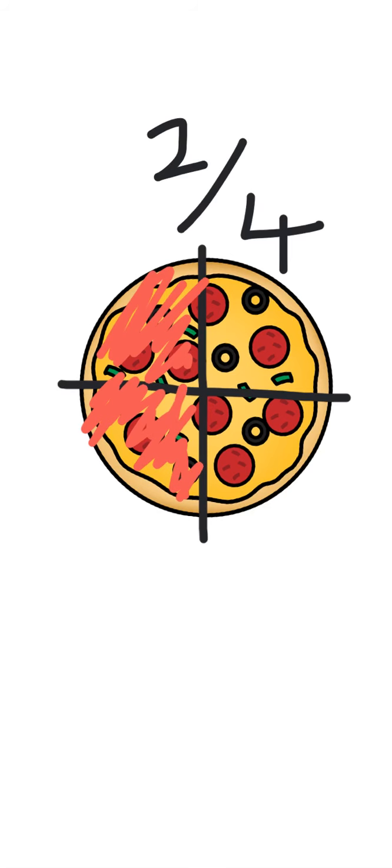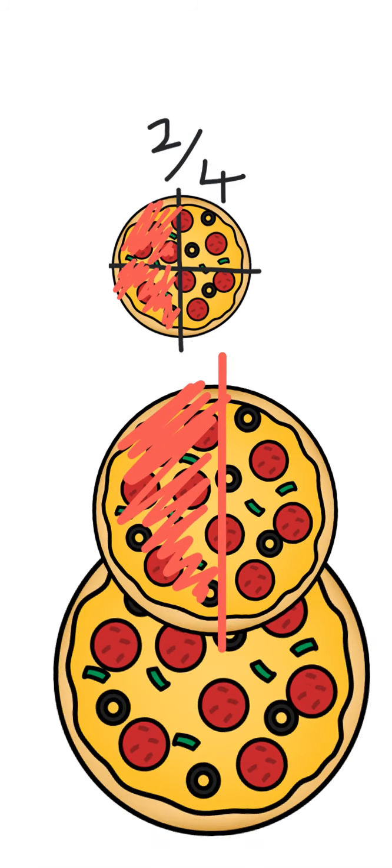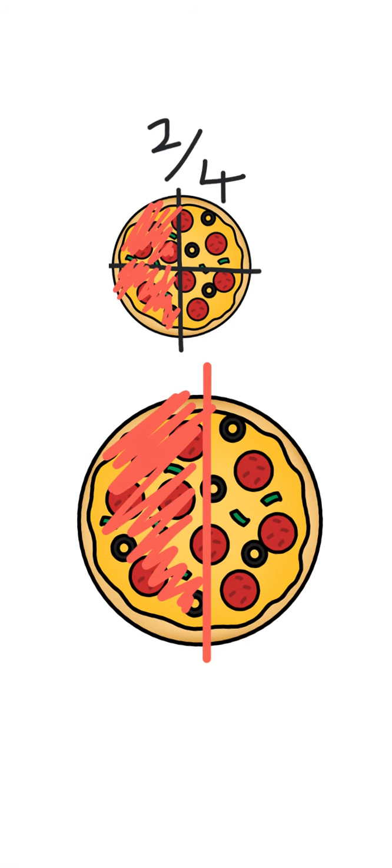You might notice that that looks very similar to another fraction. Here I've split my whole into 2 equal pieces and I've got 1 of them. That's 1/2. Can you see this is 1/2 of the pizza?